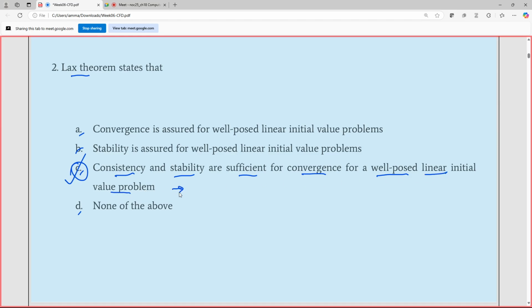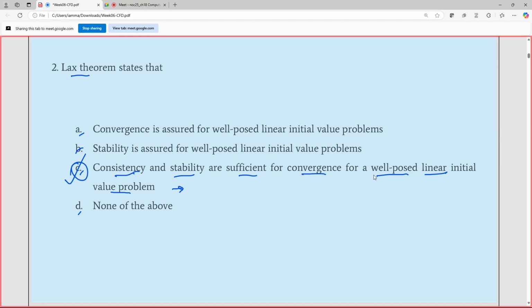You should understand that the Lax theorem is about convergence and how convergence is related to consistency and stability.